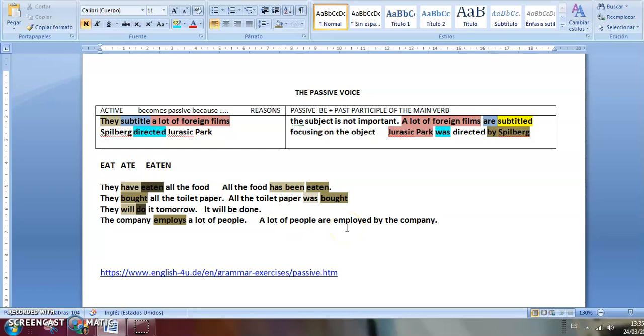So this is practically all we need to know. There are more particular things about the passive voice, but this will be for next year, right? We have an exercise here.